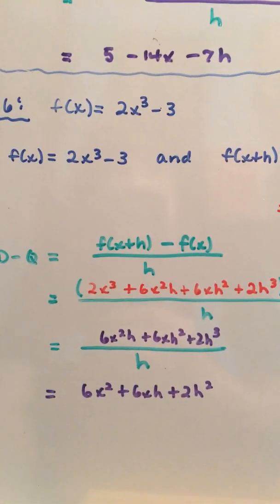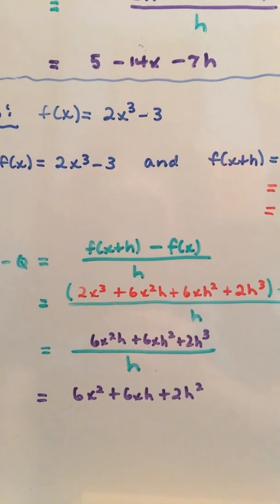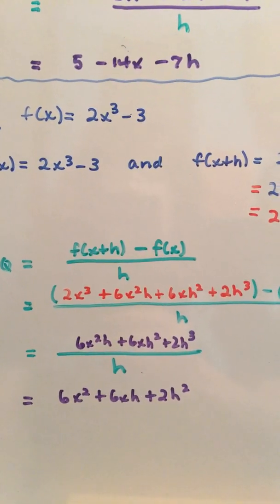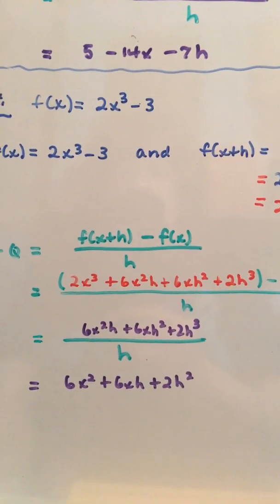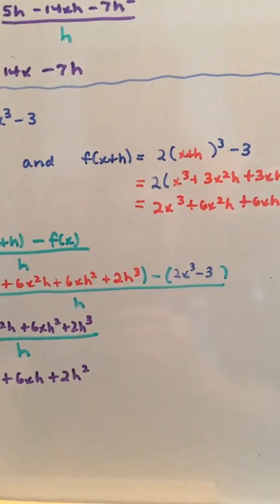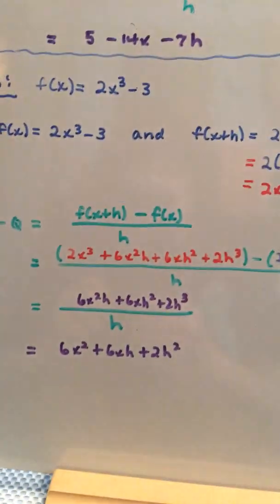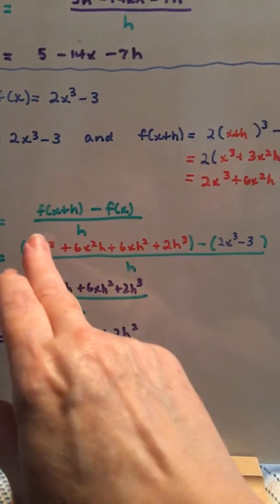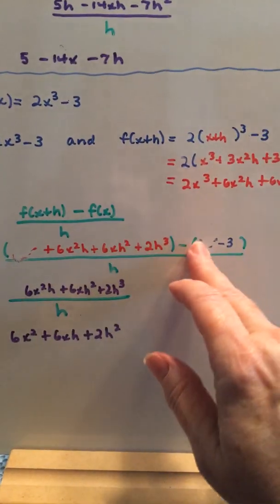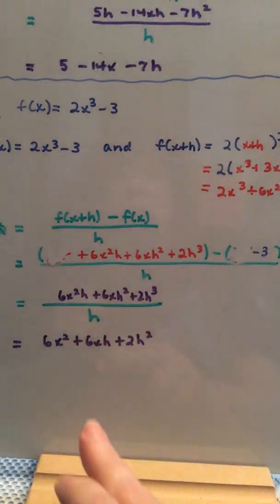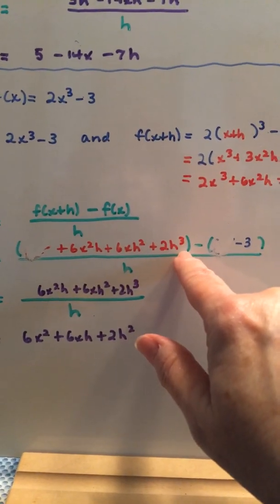So my difference quotient is f of x plus h minus f of x all over h. I substitute my f of x plus h. I substitute my f of x. Now I want to combine my terms. A 2x cubed kills a 2x cubed. I forgot to put in my -3.